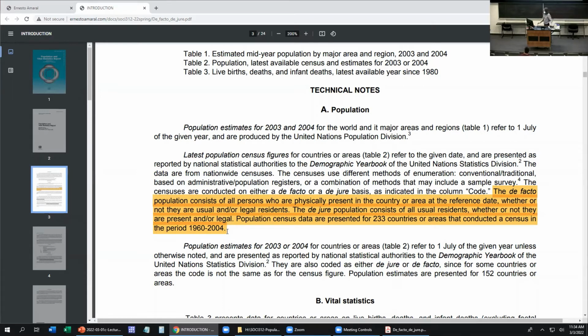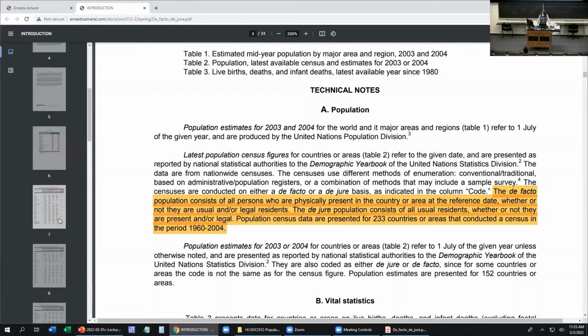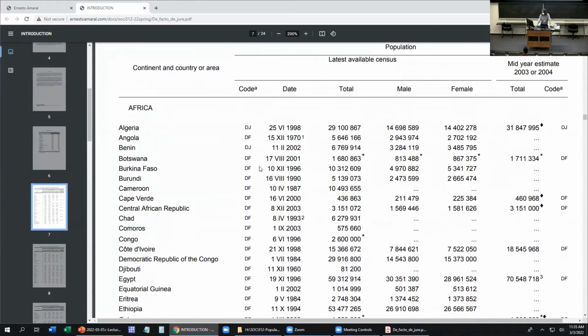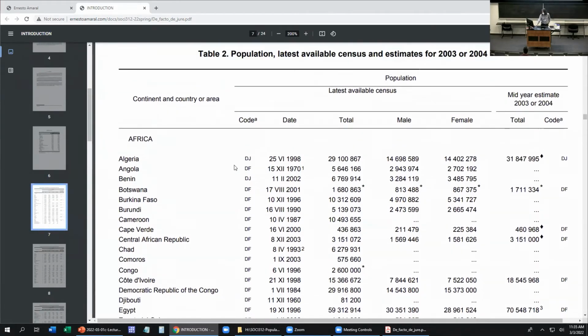And then if you go further here on this document, you see the list of countries, and these are censuses based on 2003, 2004 data. Algeria, for example, is a de jure census, and the date of reference is June 25th, 1998.